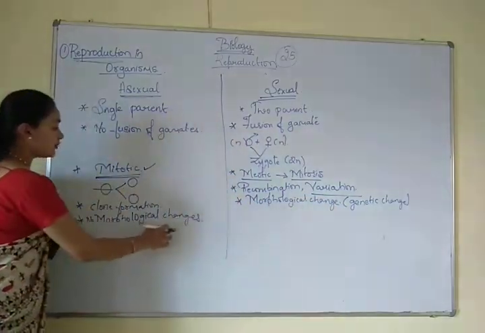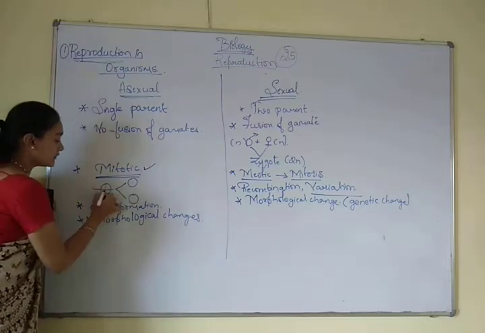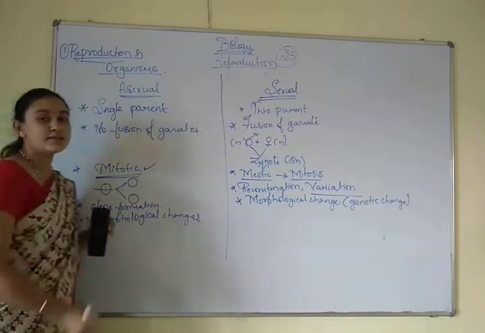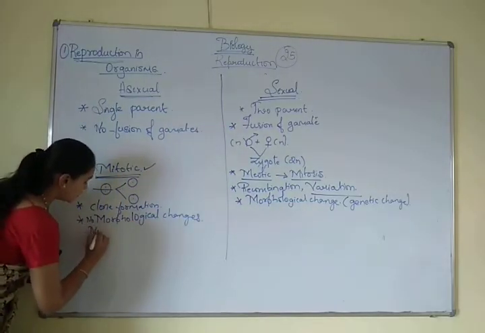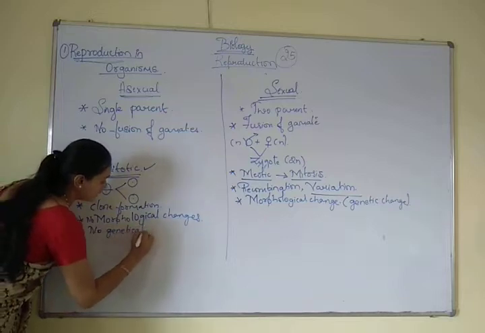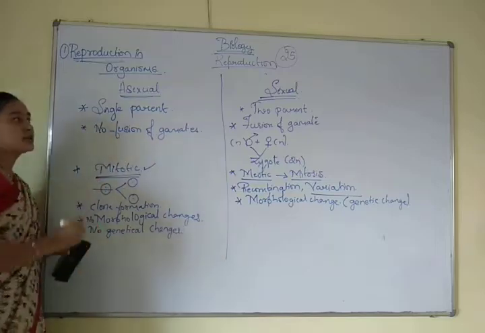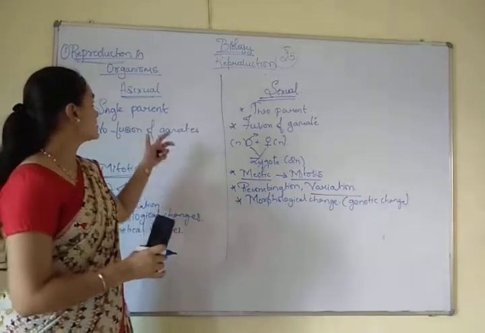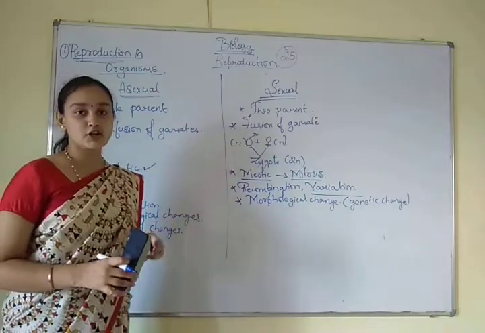But here there is no morphological changes. ಯಾಕೆ? Because whatever the genes is there is being carried exactly similar to their offspring. So even here there is no genetic changes in the asexual reproduction. So this is a general differentiation between asexual and sexual reproduction.